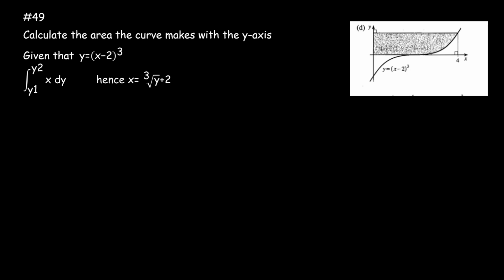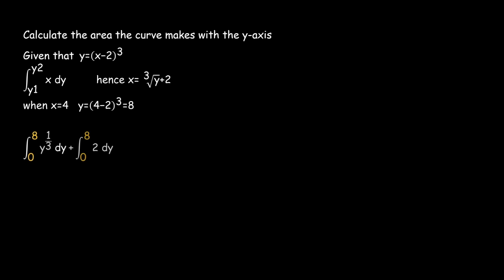Now we integrate from y1 to y2, but according to the graph, we don't know what y1 is. So we need to find when x is equal to 4. When x is equal to 4, the value for y would be 8. We are integrating from 0 to 8 of the function x with respect to y. If we replace the value for x into our question, we're going to have the integral of y to the power 1/3 plus the integral of 2 dy.